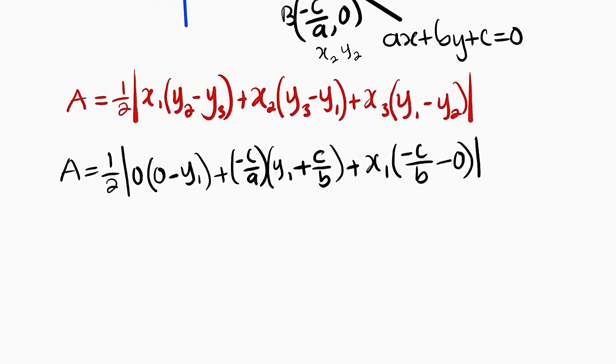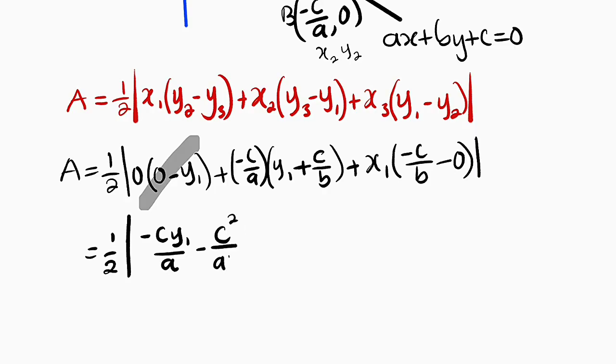All right, so let's simplify this and get our area. The whole of this will be 0. So we have this to multiply. This is equal to 1 divided by 2 times the absolute value of this times y1, which will be negative c y1 divided by a, then minus c squared divided by ab, the whole of this times this.